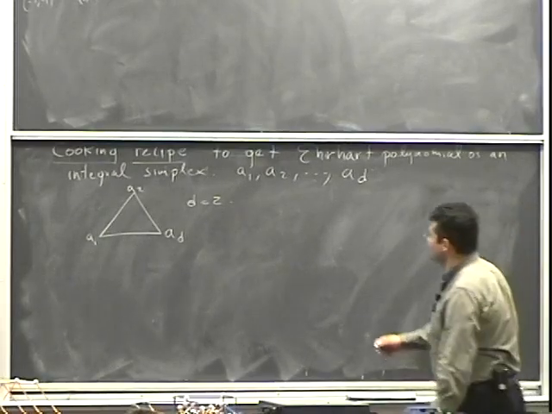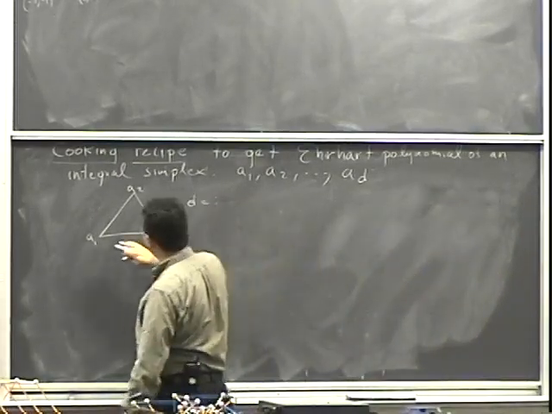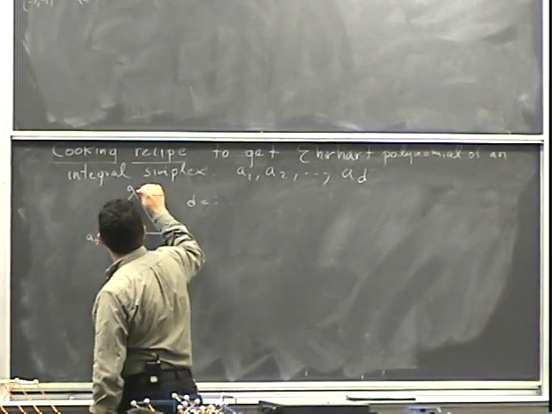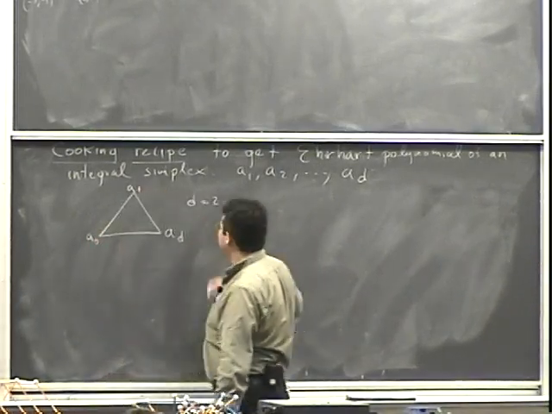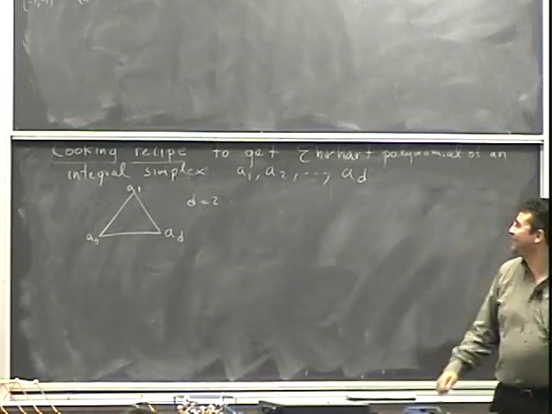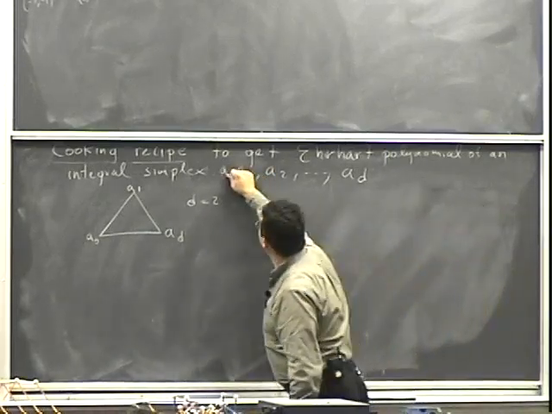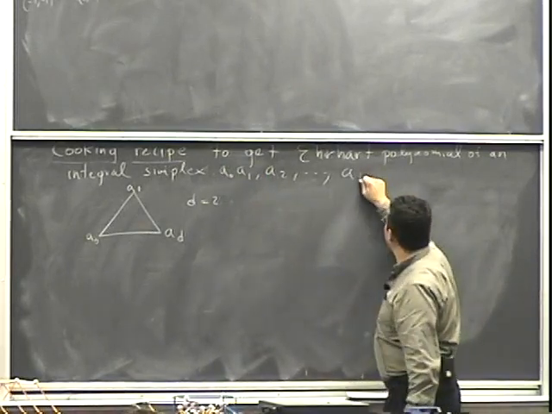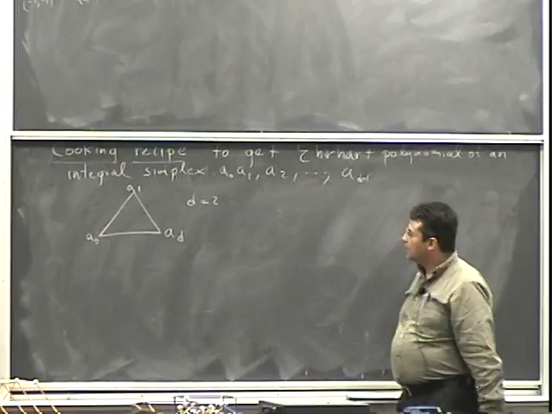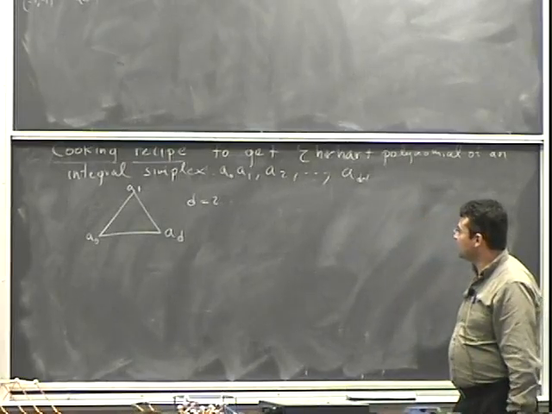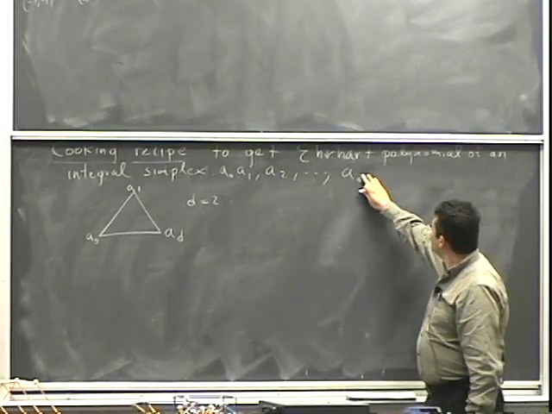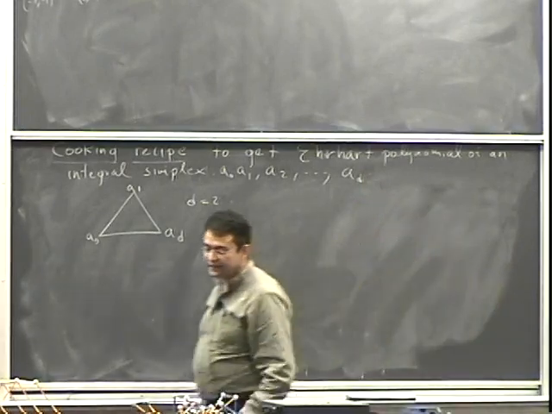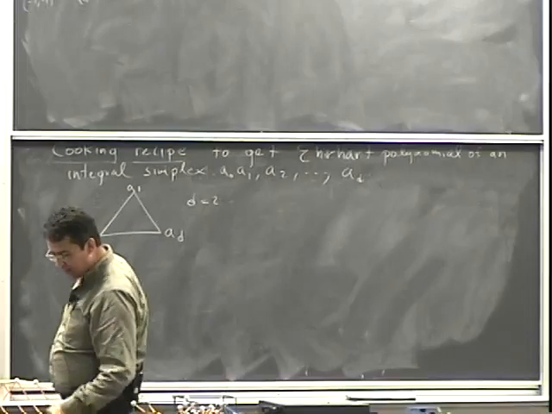No, I'm sorry, so I want to go from 0 maybe. Now it's better. All right, so what do I want to do now? So the cooking recipe is as follows.